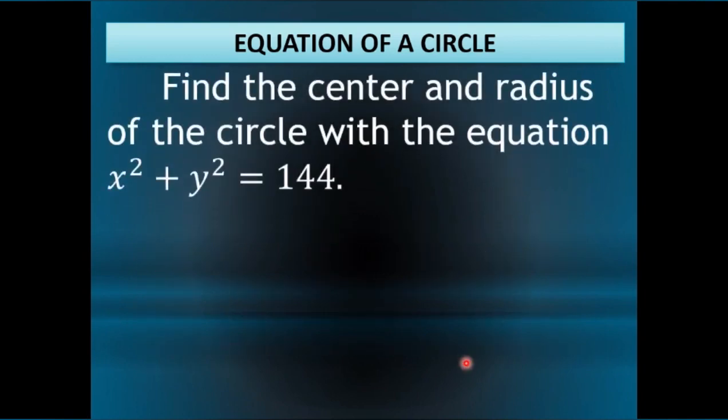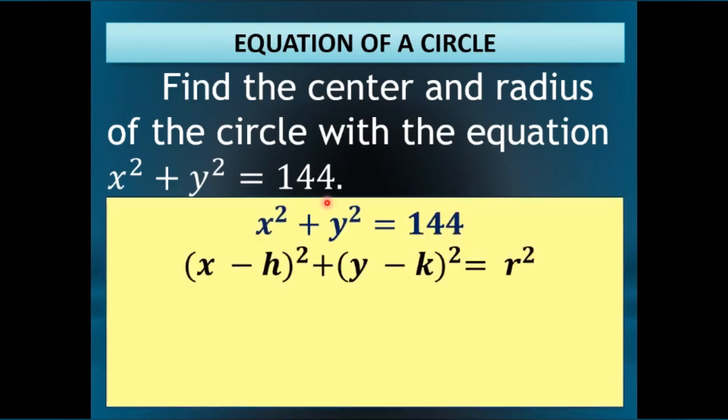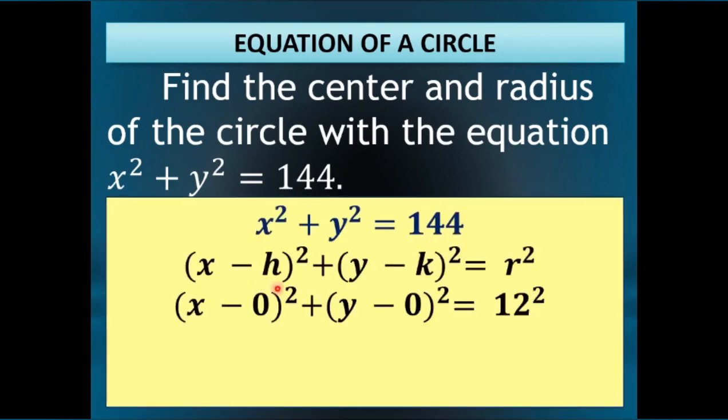Let us have an example. Let us find the center and the radius of the circle with the equation x squared plus y squared equals 144. So since the given here is a standard form, or the center radius form of the equation of the circle with the center at the origin, we can identify it simply by having that the h is already 0 and the k is already 0 also, and then we have 144 will be equal to 12 squared.